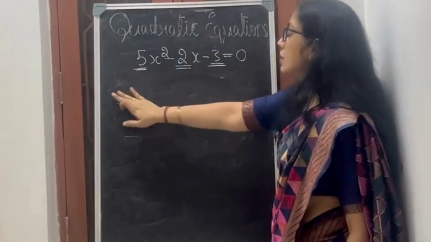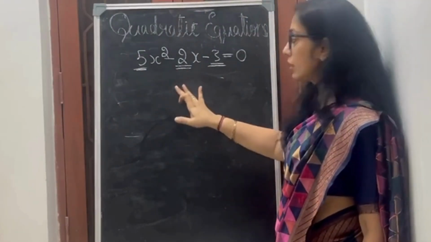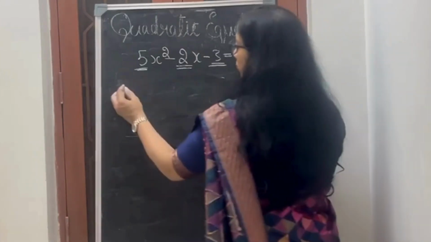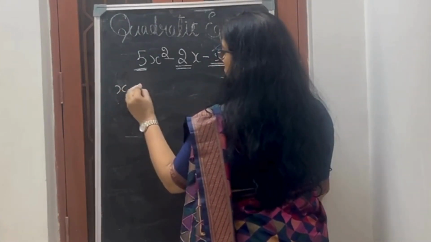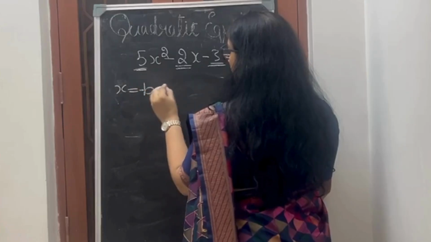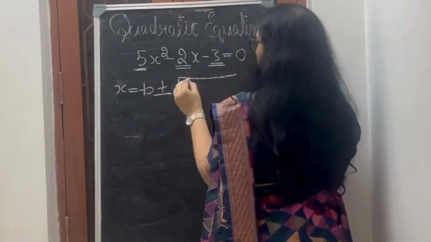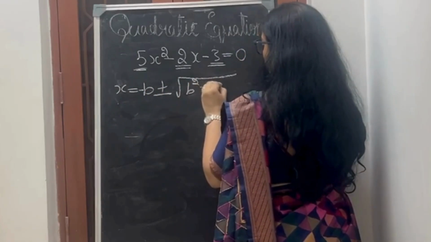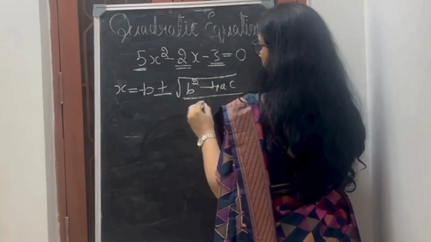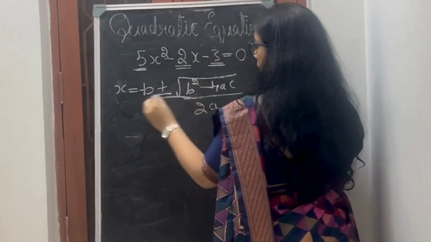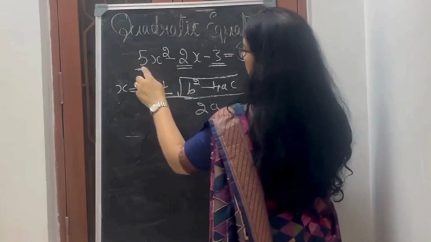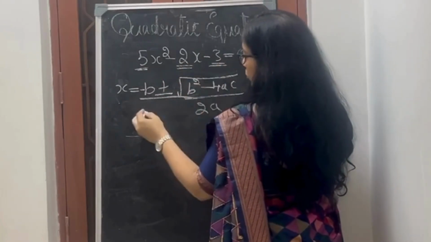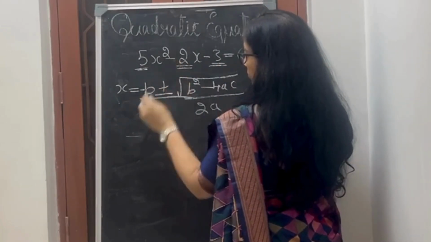Here they say solve the sum by using the formula. What is my formula? Formula is x equals minus b plus or minus square root of b square minus 4ac by 2a. Okay, by 2a. This is a, b and c. So I write minus into minus is plus b.